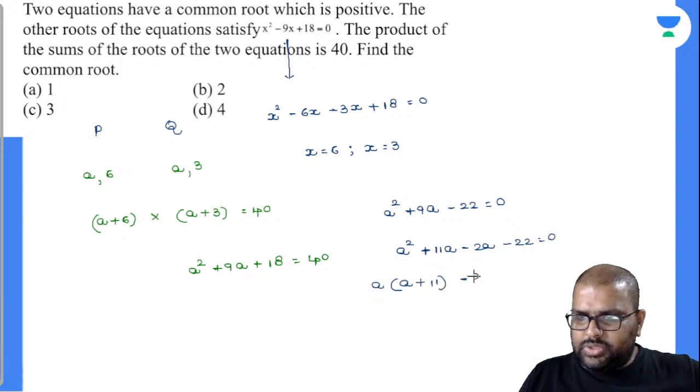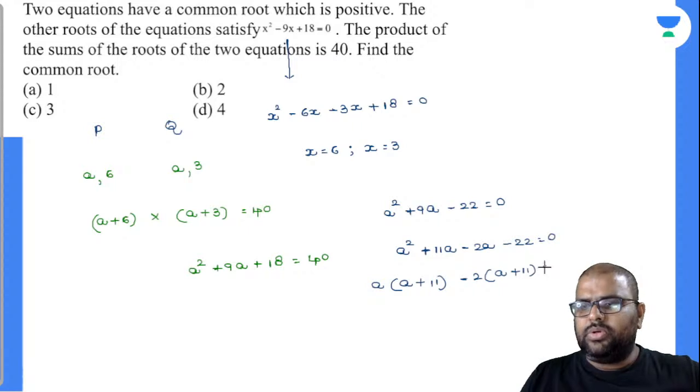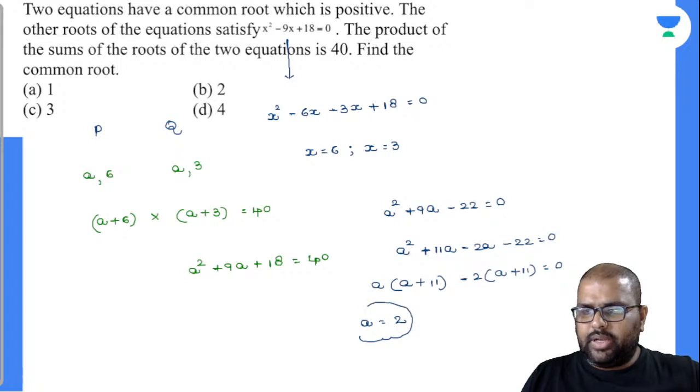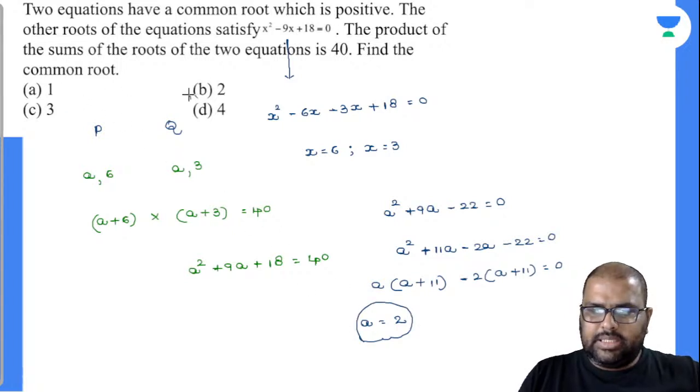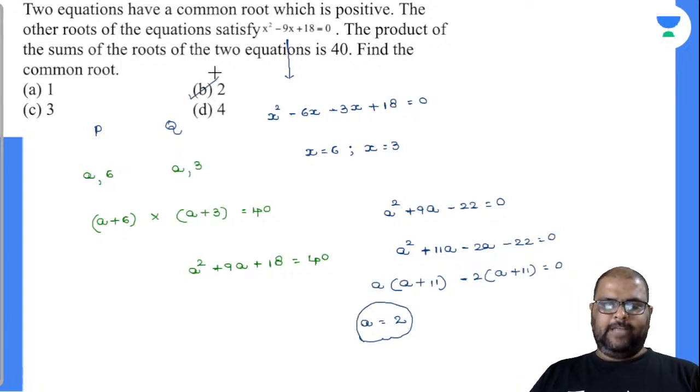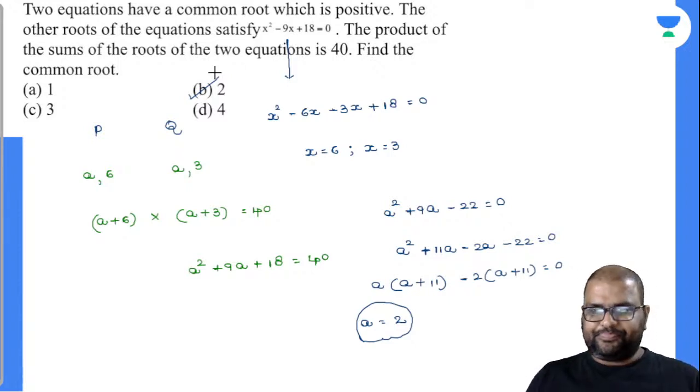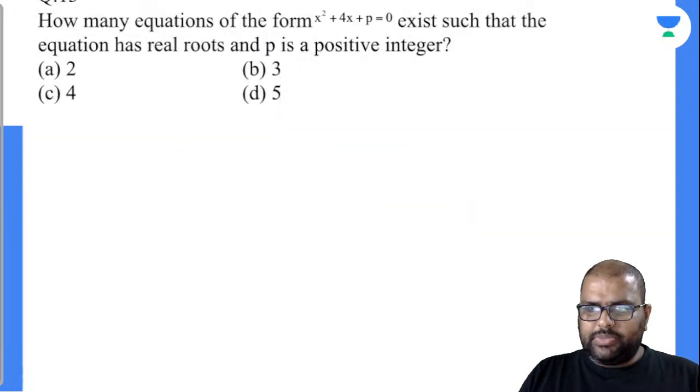I'll take minus 2 as common, a plus 11 is equal to 0. So my a value is nothing but equal to 2, because it has to be a positive value. And my answer is B. You can just rewind the video and watch this, you can easily understand this. Okay, come to the next one.